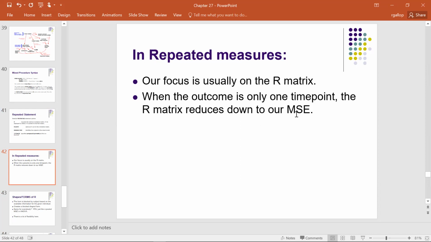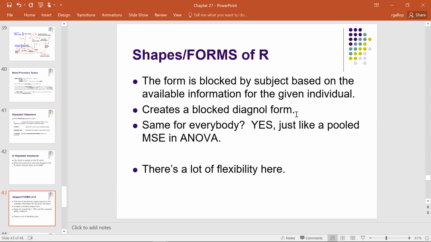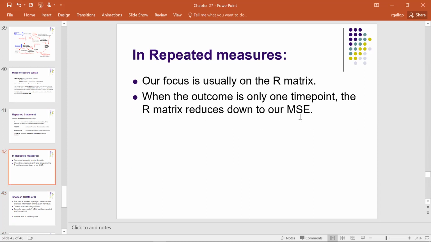When the outcome is only one time point, the R matrix reduces to mean squared error. The big thing is we can be flexible on the forms of the R. But when we're modeling, it's just like a pooled error, pooled MSE, to model the data.